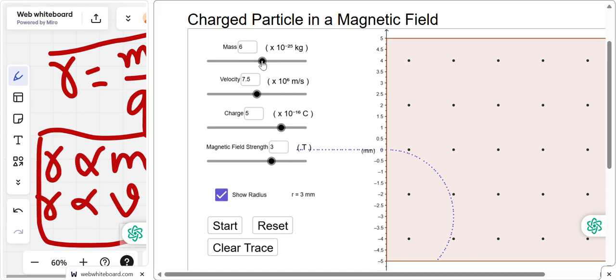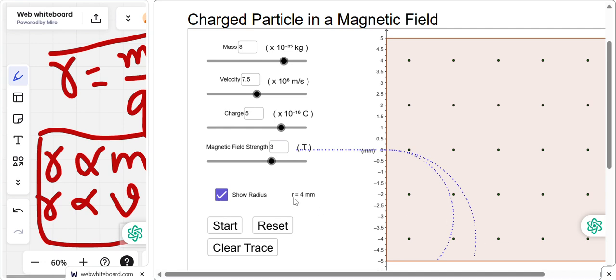Let's increase the mass. Here initially it is 6. Now let's increase the mass to 8, that is 8 times 10 to the power minus 25 kg. Now according to this relation, the radius should increase. So let's verify this. Yes, obviously the radius is increased.